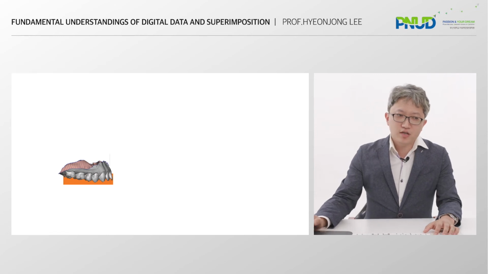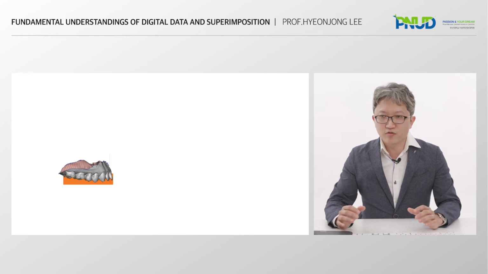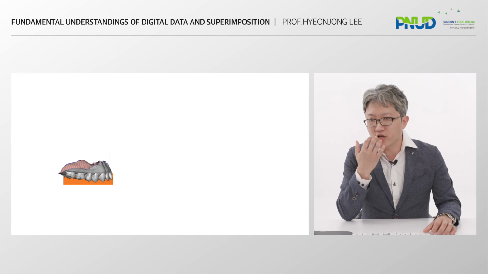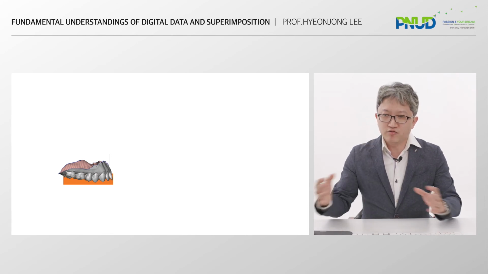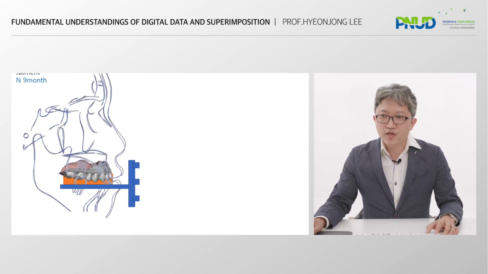When we take a facial scan, it's a bit different to superimpose all of this 3D data: the facial scan, the intraoral upper scan and the lower scan. It's not easy to superimpose. So we can use some kind of jig, something like this, and scan.